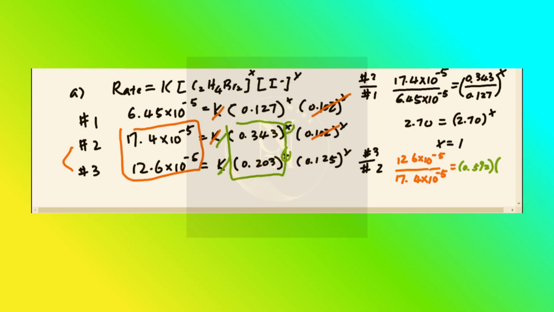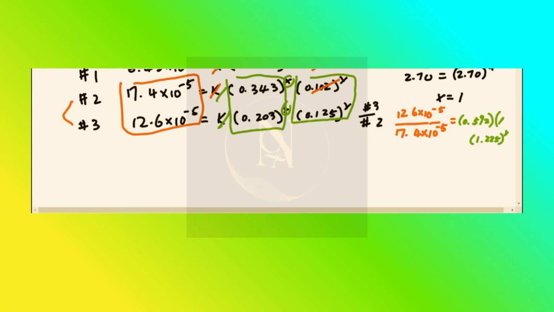And the next one right here is divided by these two. So 0.125 divided by 0.102, that will give you 1.225 to the power of y.